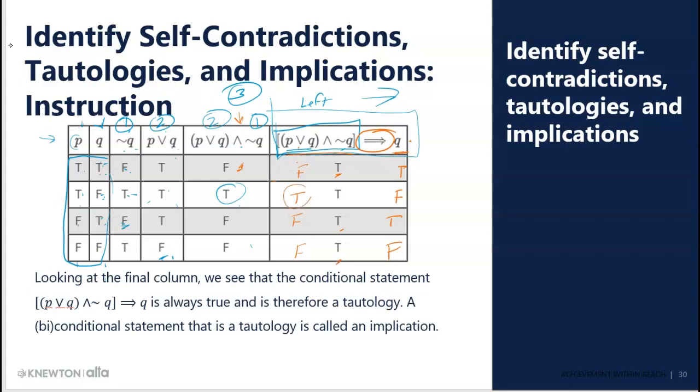Now, if the left is true, oh, wait a minute. This does not seem right. If the left is true, I should get a true here. Is that correct? True, then false should be false. This is the case that's false.